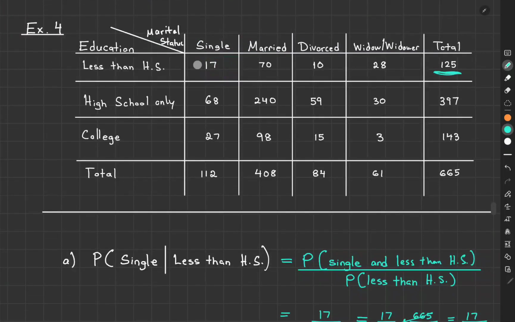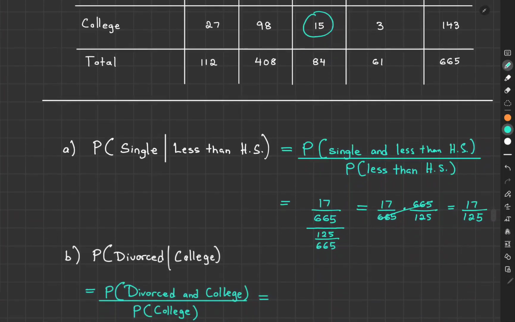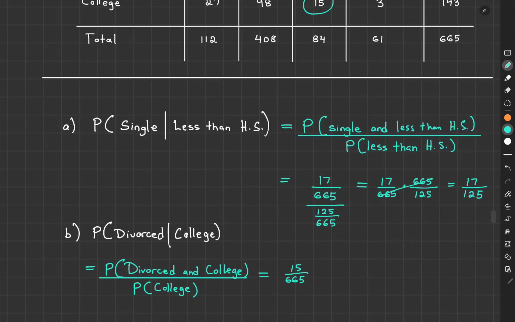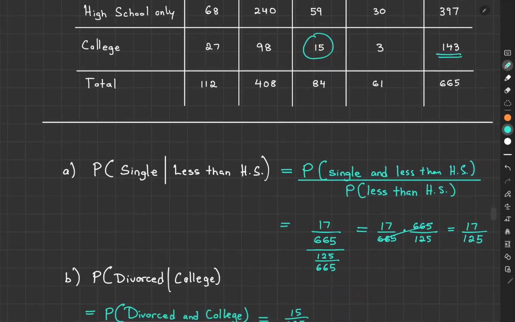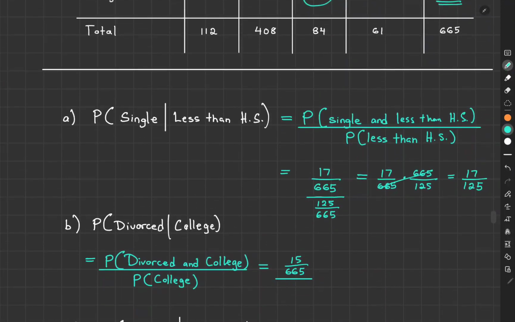Okay, so let's find our new values. The probability that someone is divorced and has gone to college, well, we've got 15 out of 665 people total, divided by the probability that someone went to college, which is 143 people out of 665. And this is going to reduce to 15 out of 143.